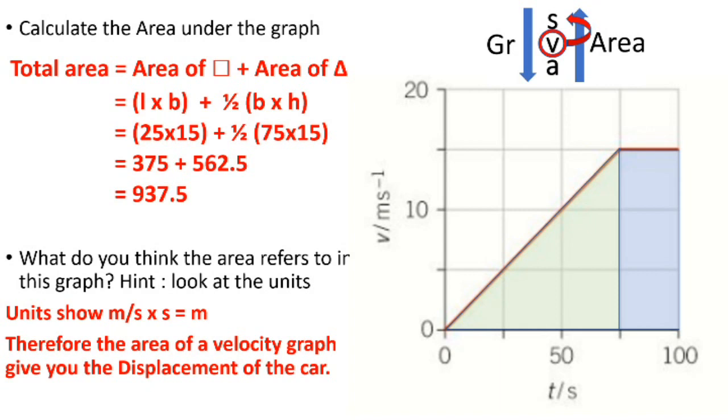If we work out the area of those two segments, we get this answer, 937.5. But again, look at the units. We're taking meters per second and multiplying it by another second. So the seconds cancel out, leaving me with meters. Therefore, the area under a velocity time graph gives me the displacement of the car.